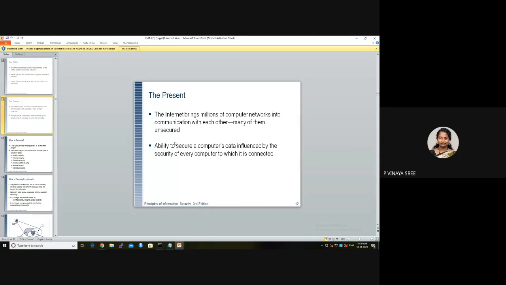If you are connected to one site and you open something because you want some information, you cannot be sure whether it is a genuine site or not. Yesterday itself, I mentioned phishing. Phishing looks like the same original site, say the SBI site, but it is not the same site.